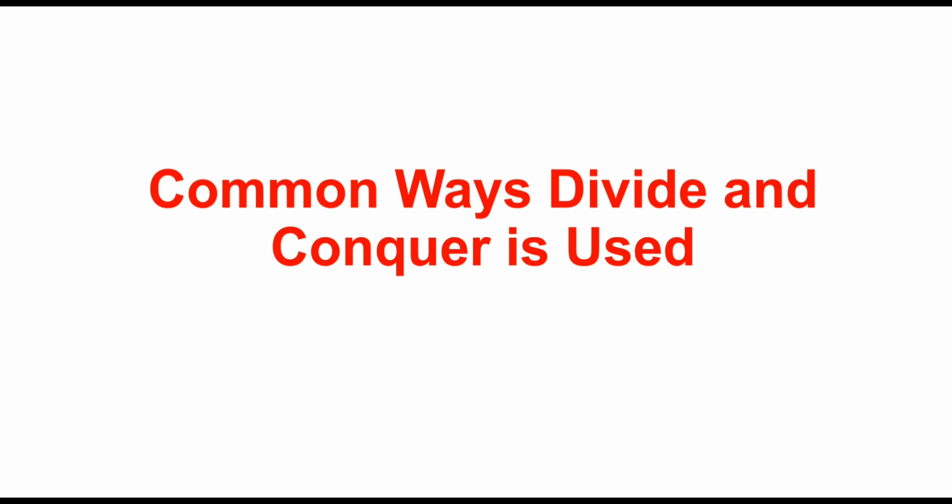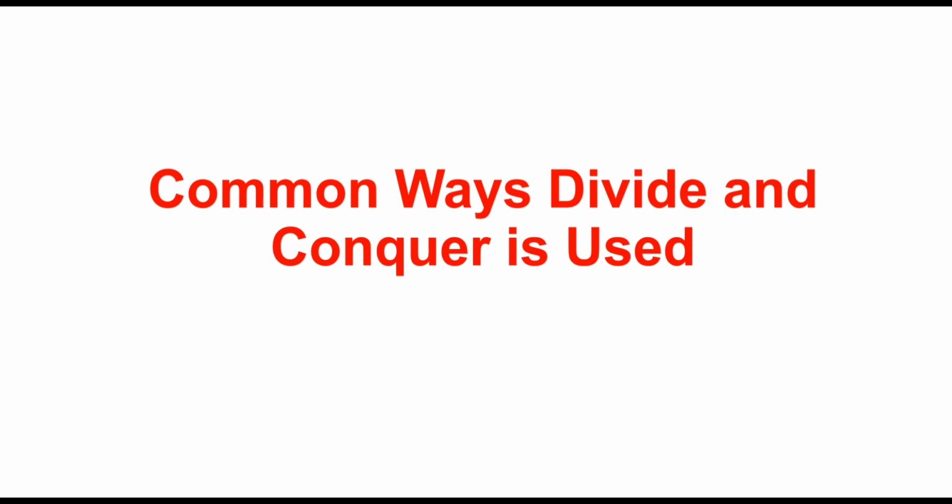Next, we merge these two sorted halves into a single sorted array. This is how merge sort works. The merge sort process is to split the array into two halves until each subarray has only one element, then merge the subarrays back together while sorting them. This is how the merge sort process works.